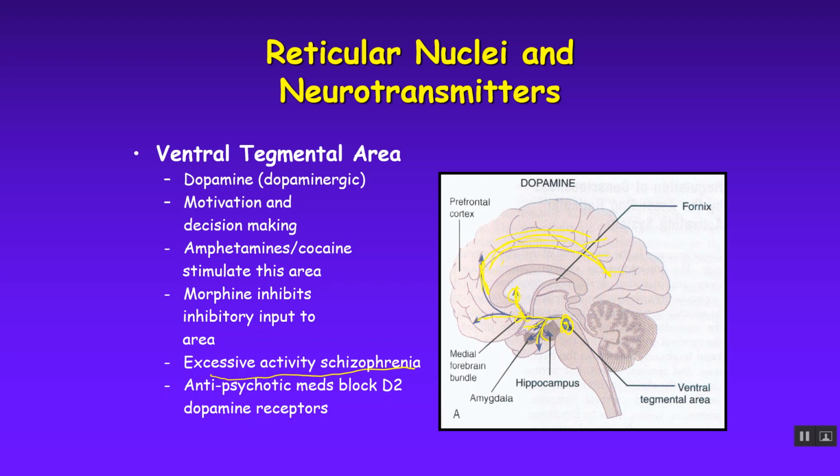Then D2s inhibit the indirect pathway. But if you have D2 blockage, then the indirect pathway can be a little overactive, and they can have symptoms that are kind of Parkinsonian-like and so forth with some of the antipsychotic medications.